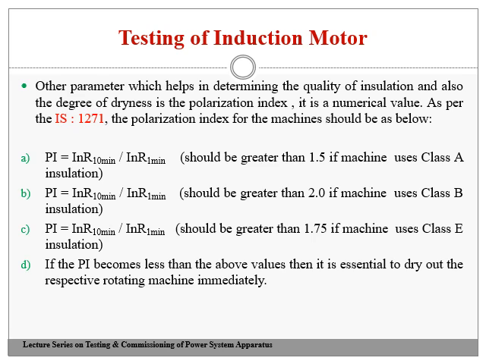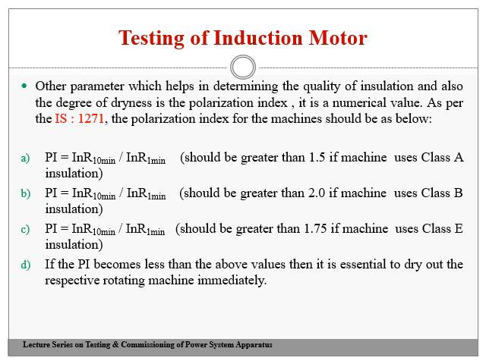If it becomes less than 1.5, we are sure that moisture is absorbed by the insulation, hence the drying is essential. Similarly, if the PI is more than 2.0 for class B insulation, then no need for drying.